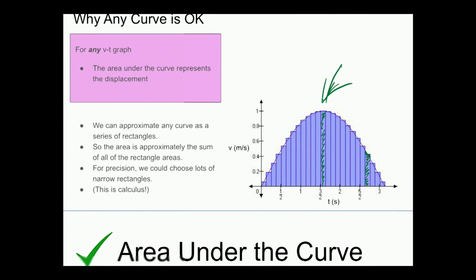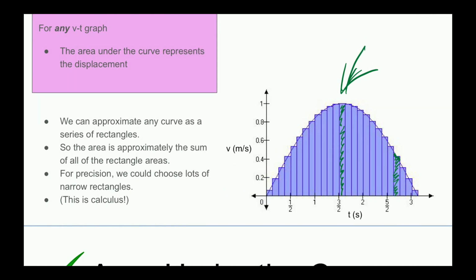Now I have a series of rectangles, right? So I can treat this graph as the sum of a bunch of rectangles. And any one rectangle, we've already convinced ourselves, correctly gives the displacement, because it's a velocity time graph, area under the curve.